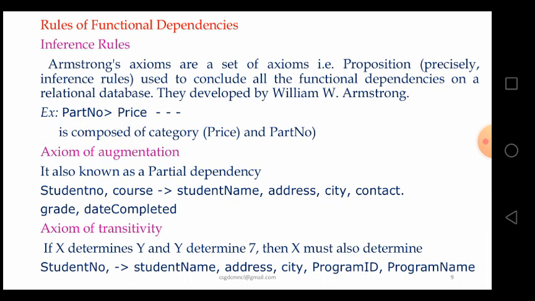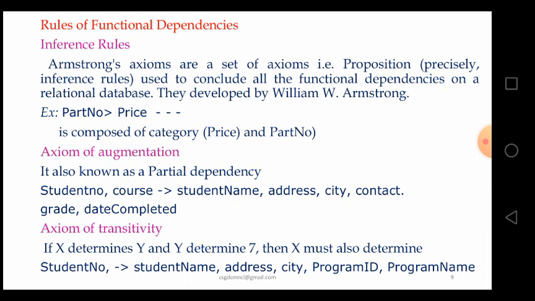These are the partial dependencies. This situation is not desirable because every non-key attribute has to be fully dependent on the primary key. In this situation, student information is only partially dependent on the primary key, that is student number.